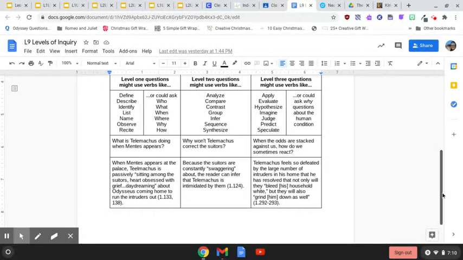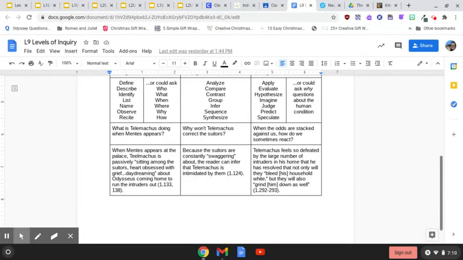For example, and note, this one doesn't mention any of the characters or the text: when the odds are stacked against us, how do we sometimes react? And the answer in this case would be, Telemachus feels so defeated by the large number of suitors in his home that he has resolved that not only will they bleed his household white, but they will also grind him down as well.